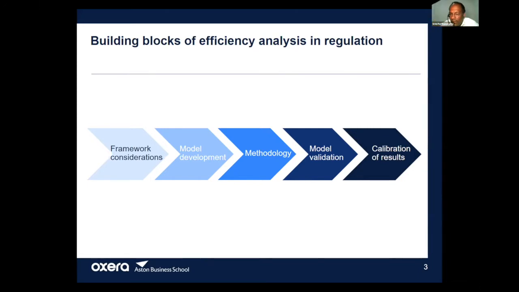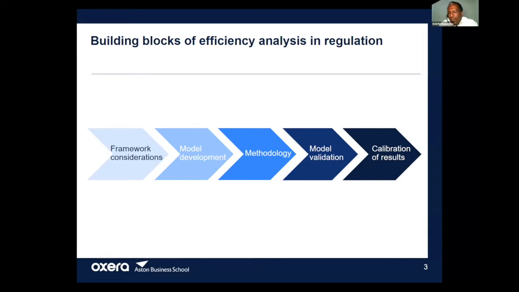Then we'll discuss model development, which I presume we all understand very well. It's about identifying the relevant inputs and outputs of a model, and a sensible relationship linking the two. We will move on to methodology, which is about the efficiency method. It can be data envelopment analysis, stochastic frontier analysis, or any quantitative methods or a combination of methods. We will then move on to model validation.